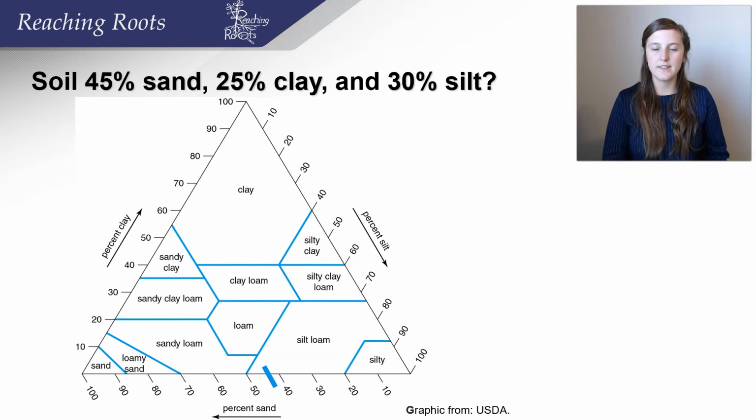And what do you think it is? If you drew the lines out, you would definitely find that it's a loam soil. So a soil with 45% sand, 25% clay, and 30% silt is a loam soil. And we did this by lining up these numbers on each side of the triangle. Now I want you to take the time to do the other questions on your own.